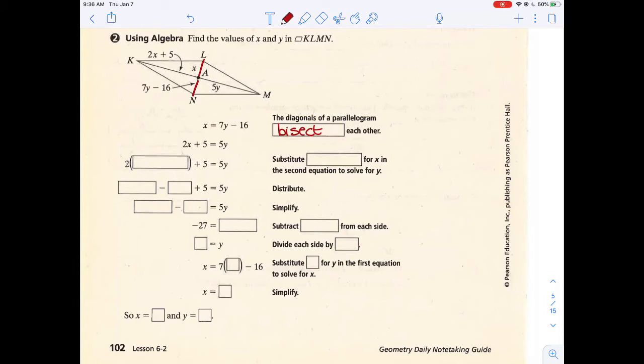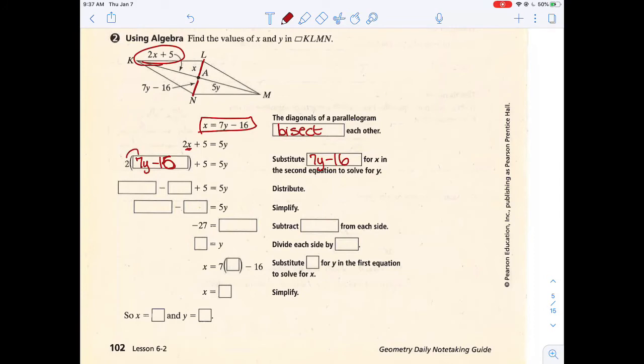So then we can substitute 7y minus 16, because that's what x is equal to, into 2x plus 5. So now we have 2 times 7y minus 16, plus 5. Since we know x equals this, we use that in this equation so that we have only y instead of x and y in the same equation.